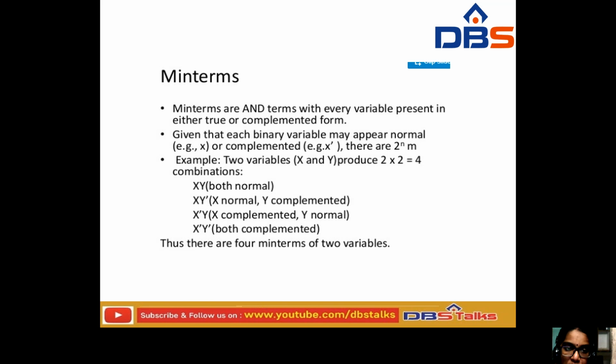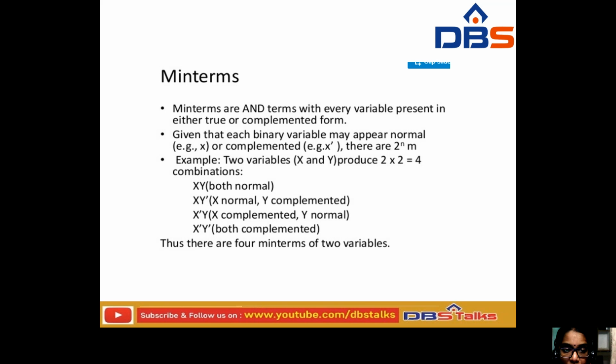So now let us see about the min terms. Min terms are the AND terms with every variable present, in either true or complemented form. Each binary variable may appear normal or in a complemented way.